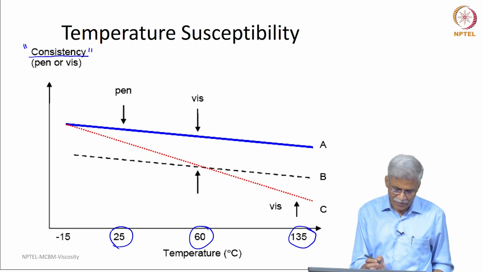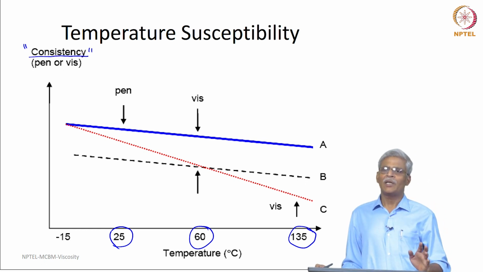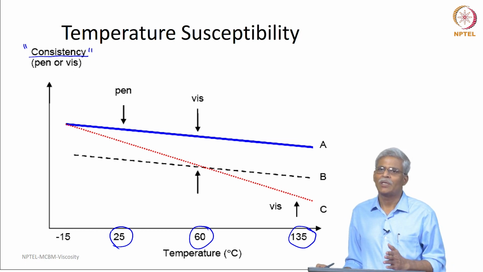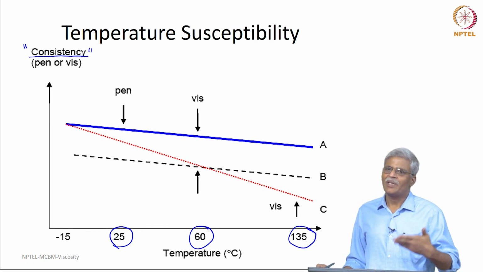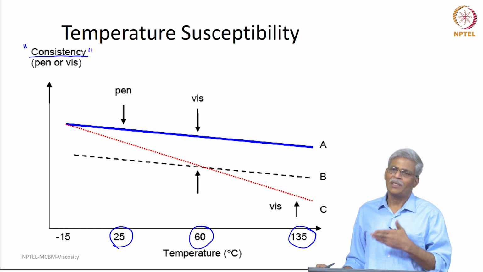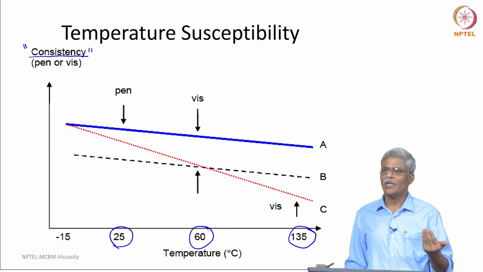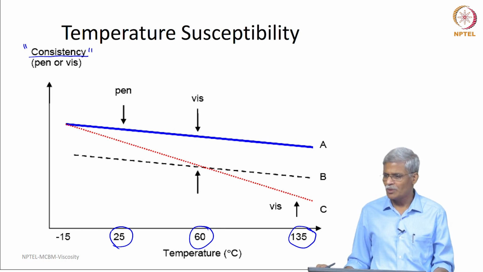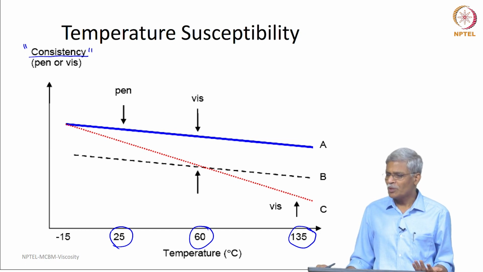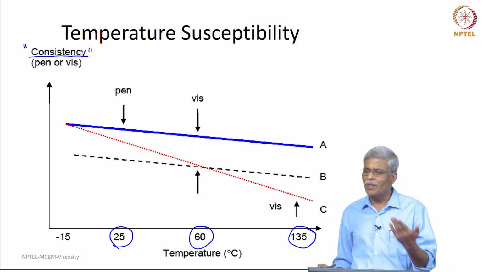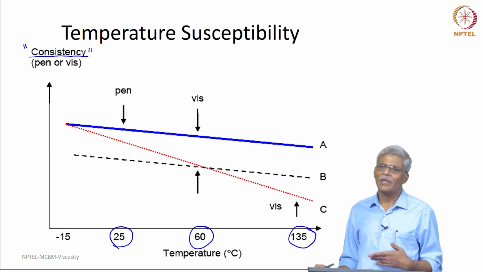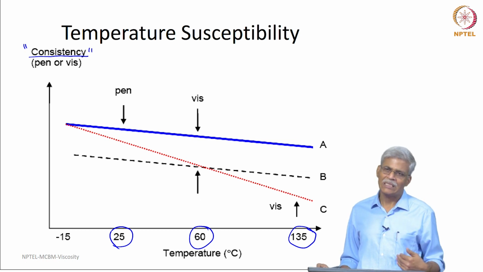It can mean anything. Basically, this kind of measure is used to check the variability of the bitumen at different stages. For instance, if you get a bitumen from the refinery, what was the penetration that you measured, and as you subject it to repeated heating and cooling, by the time it is used in road construction, how much has its value changed.